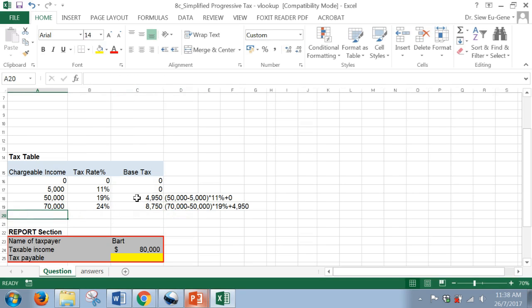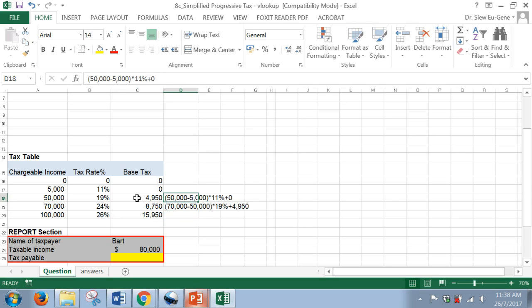After that, anything above 100,000, I multiply by 26%, and I have all the previous tax calculation of 15,950.